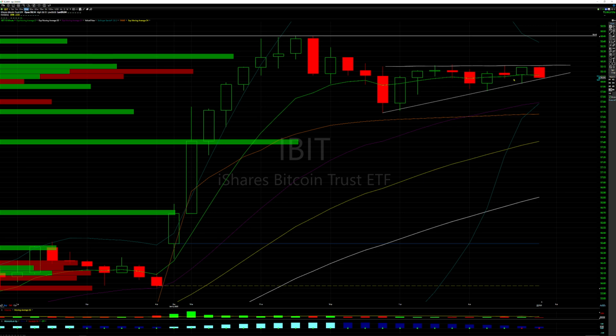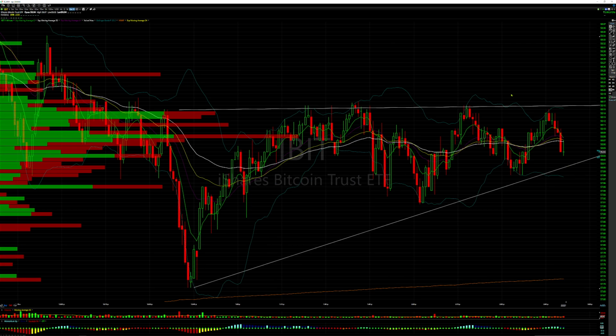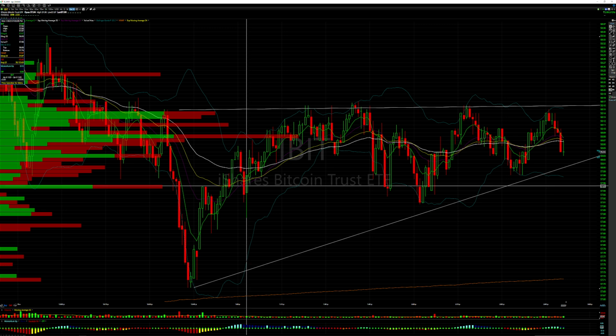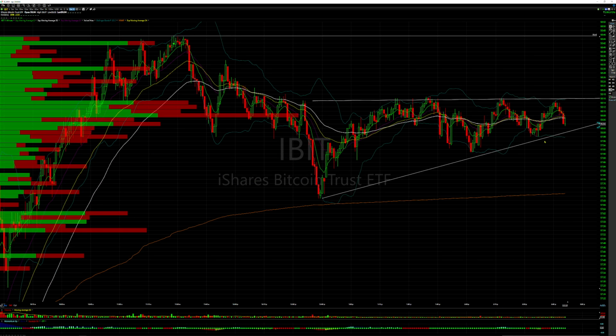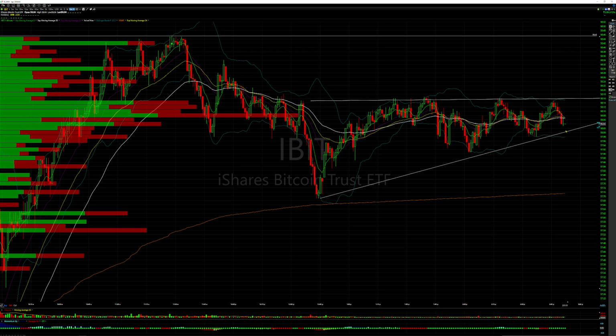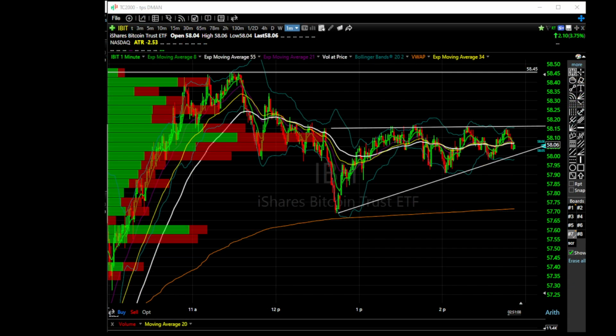So if we wanted to play this right here, right now, if we wanted to buy it off the lower trend line, a good VP level is about 58. So I think we could do that. All right, we're going to buy, just to play it as an example. We're not trying to make a lot of money here. I'm going to buy 100 shares, right?